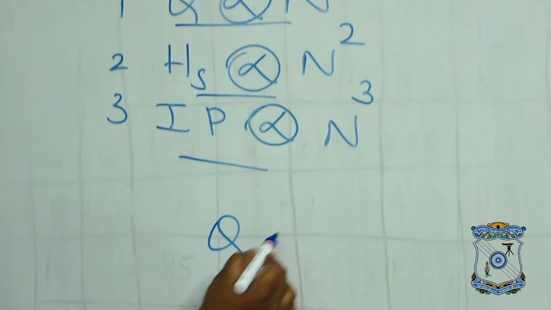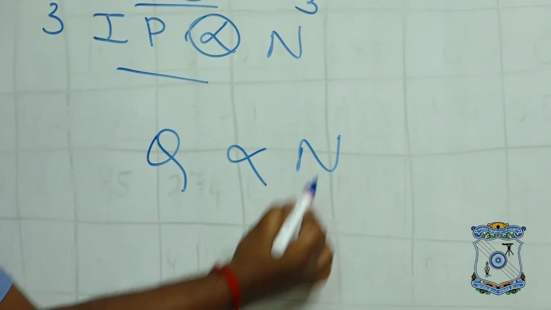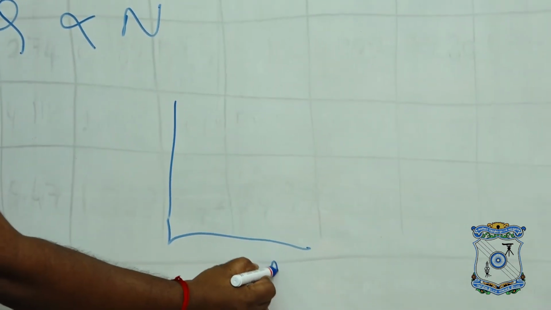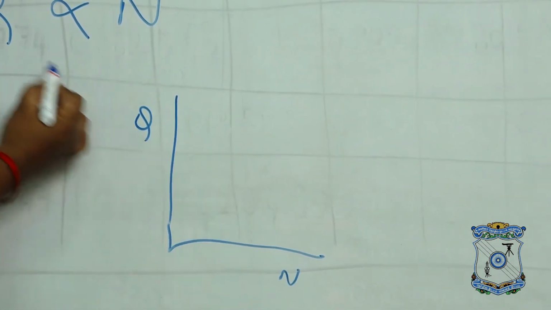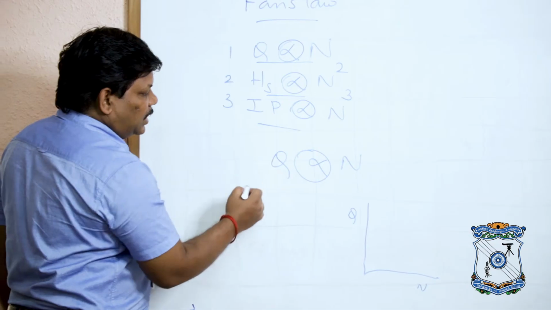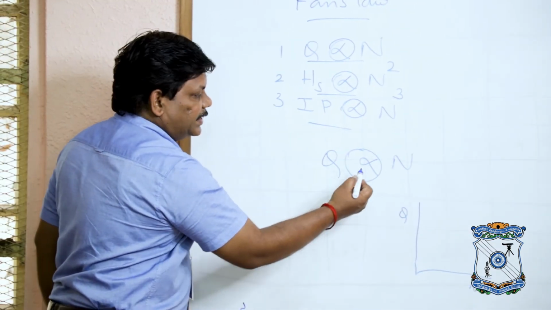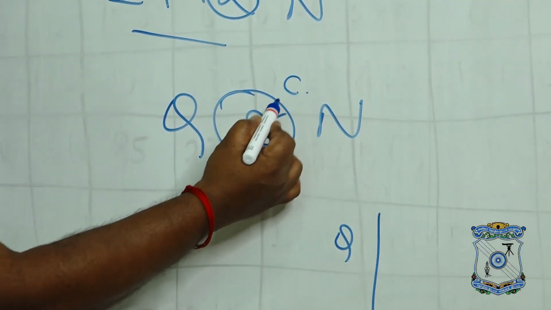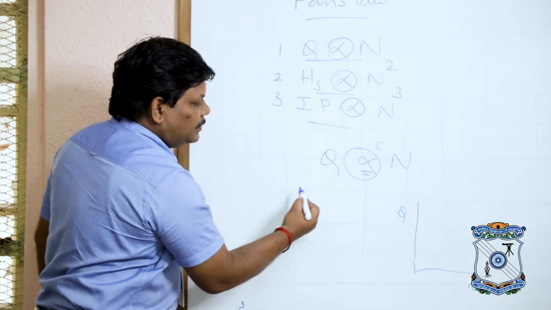You have a proportionality symbol in all these three. Suppose you go for Q is directly proportional to N. You are going to draw a graph between the speed and the discharge. For that you have to remove this proportionality symbol, so take log on both sides, and introduce a constant, either C or K, whatever it may be.